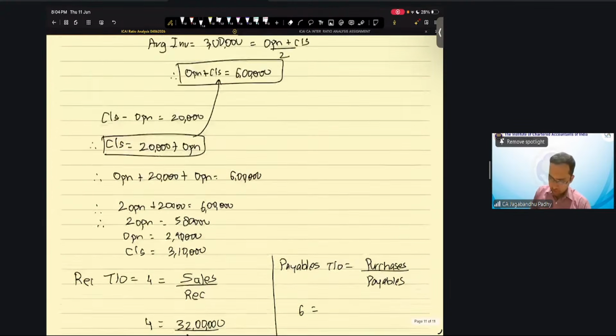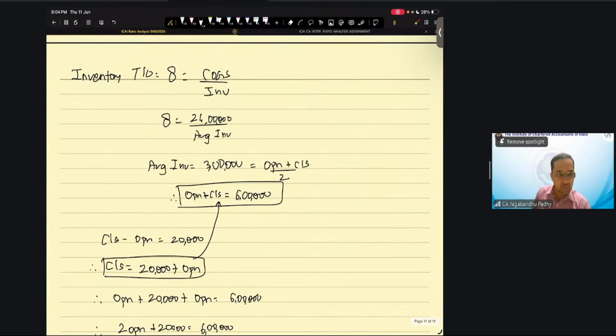I have a doubt in inventory. What's the doubt? Inventory turnover is 8 times, right? And inventory turnover is computed as COGS upon inventory. So 8 is going to be 24 lakh upon average inventory, because normally all our turnover ratios have the average in the denominator.